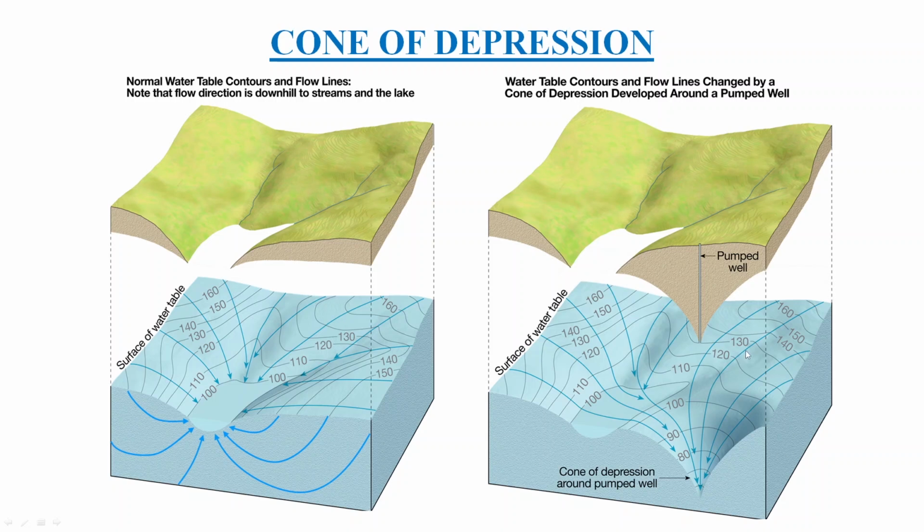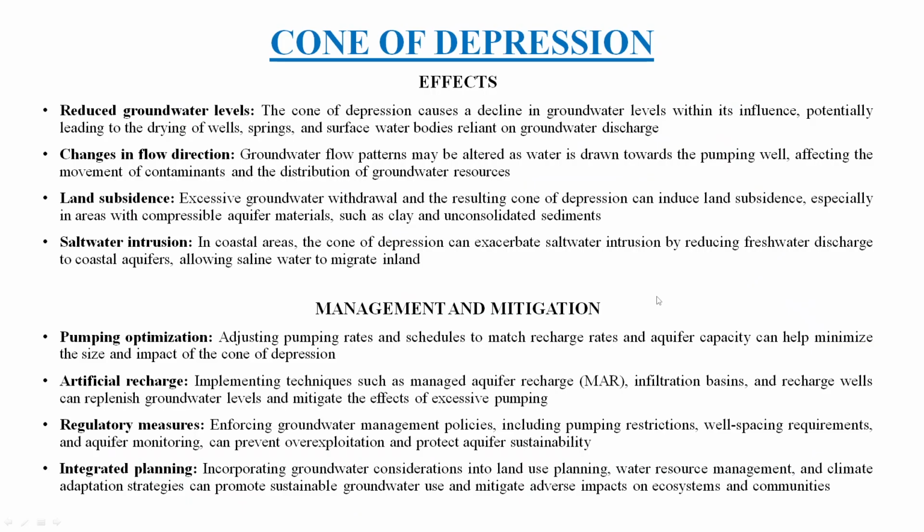So, that is why it is referred to as a cone of depression, where your groundwater flow, now you can see, has a much steeper gradient in comparison to its earlier relatively gentler gradient. So, now you are depleting the water very fast. So, your cone of depression is forming with very steep angles.